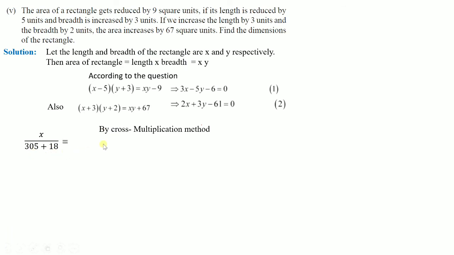Next is minus y, we are talking about the middle term, so minus y upon, 3 into minus 61 is minus 183.